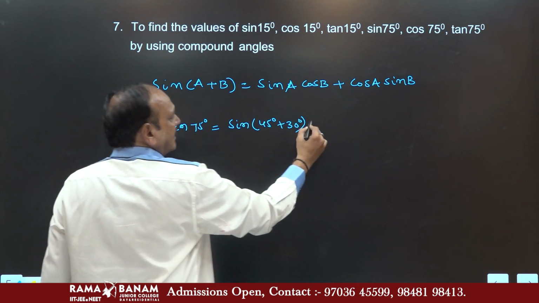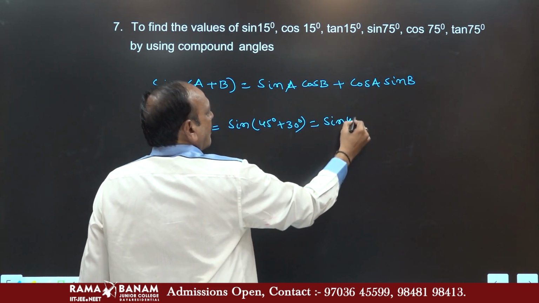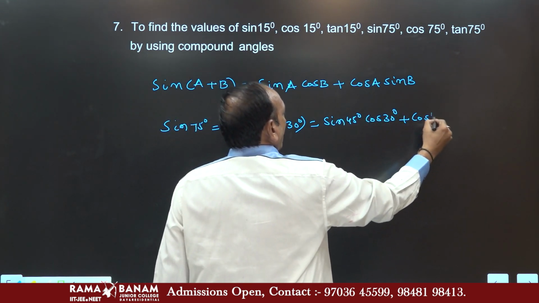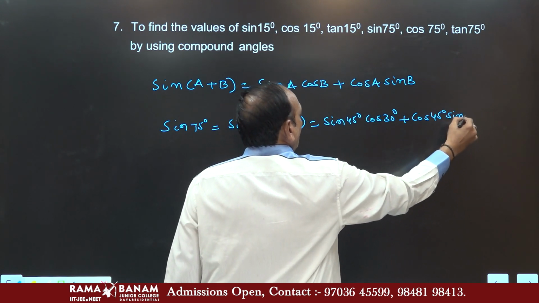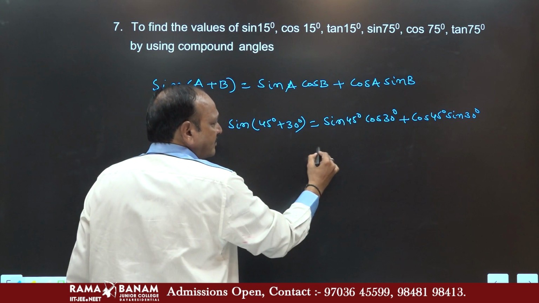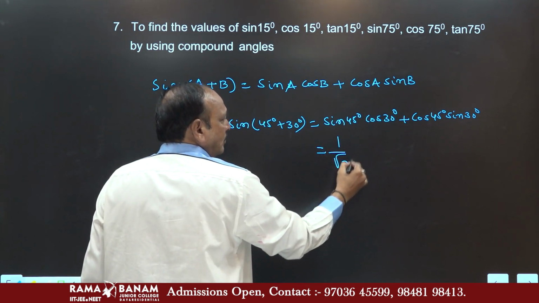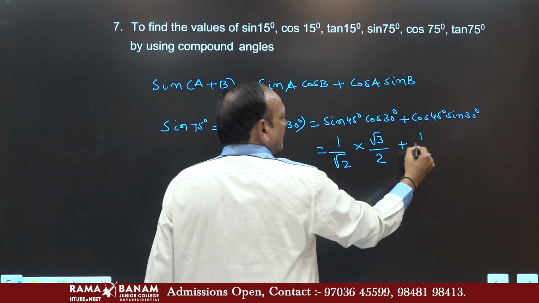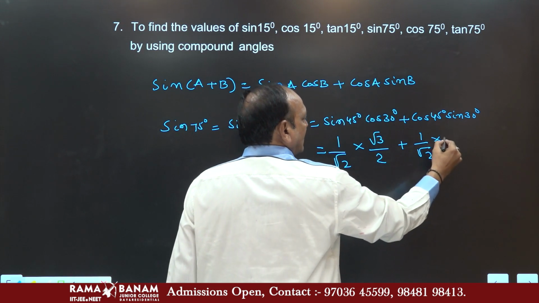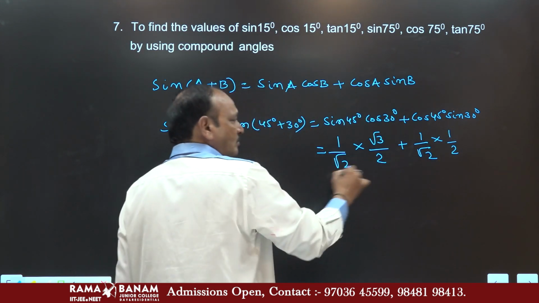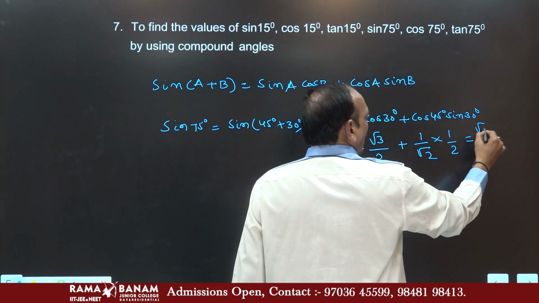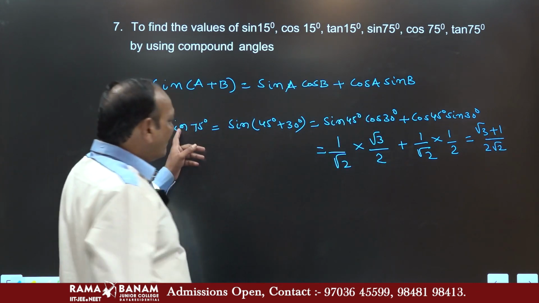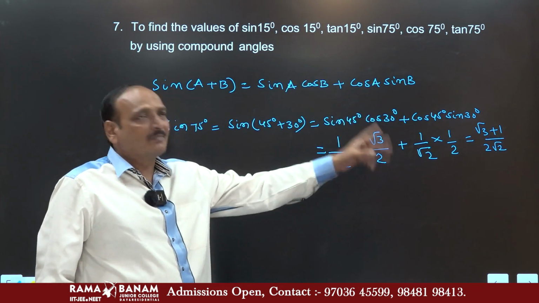Sin A plus B, that is sin A cos B plus cos A sin B. You know very well sin 45 degrees is 1 by root 2, cos 30 is root 3 by 2, cos 45 is 1 by root 2 and sin 30 is 1 by 2. So, what LCM are we going to take? 2 root 2, root 3 plus 1 by 2 root 2. So, sin 75 value is root 3 plus 1 by 2 root 2.